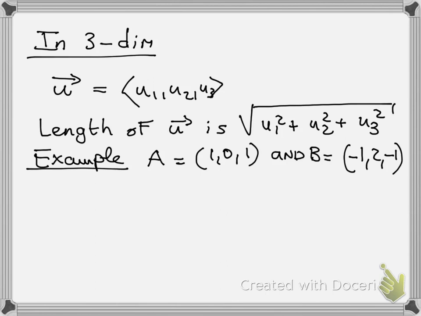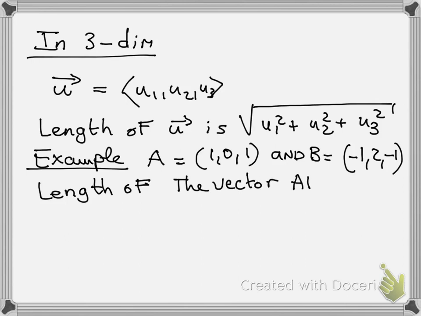Now the question is, what's the length or the magnitude of the vector AB? Again, vector AB is the displacement from the point A to the point B. So first, what's the vector AB? Well, B will be the terminal point, and A the initial point.